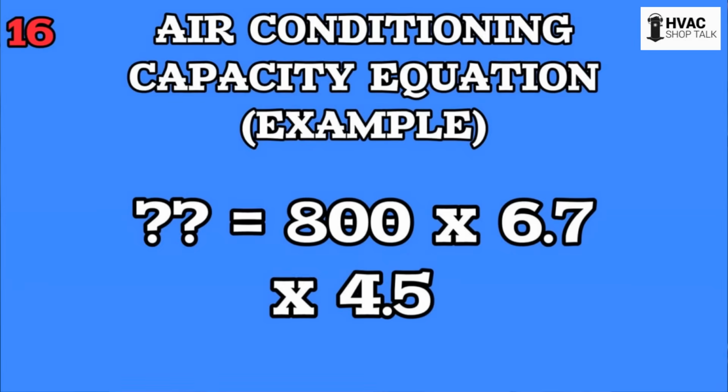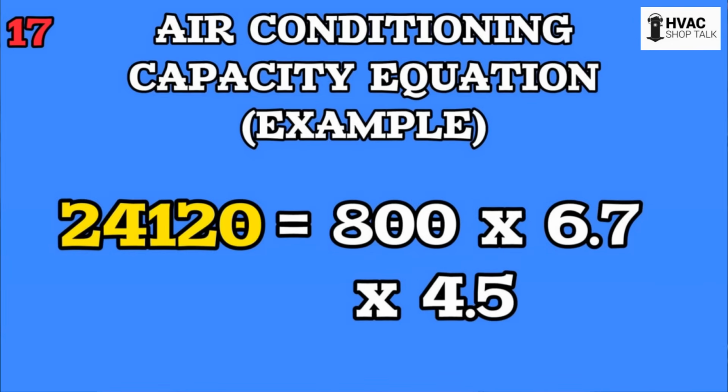It equals our capacity. So if we plug in 800 CFM for a 2-ton system, multiply it by 6.7, which is our theoretical enthalpy split, what it should be, and multiply by 4.5, you see it comes out as 2 tons, or 24,120 BTUs. That's why I say it would be like 6.67, because it puts you directly at 2 tons.